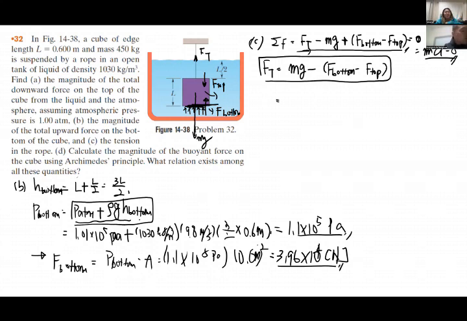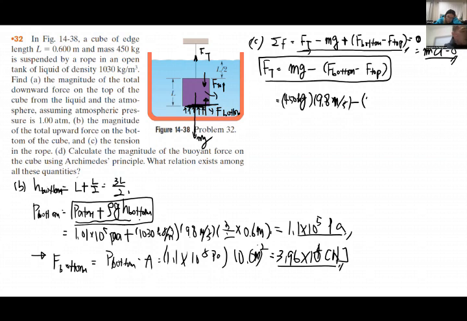So how much do you have? That mg: the mass of the cube is 450 kilogram, and g is 9.8 meter per second squared, minus the force at the bottom. How much is that?